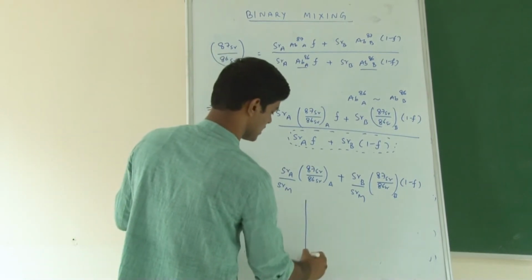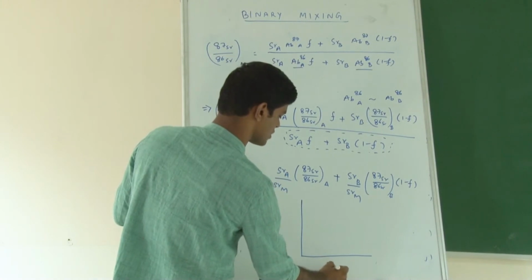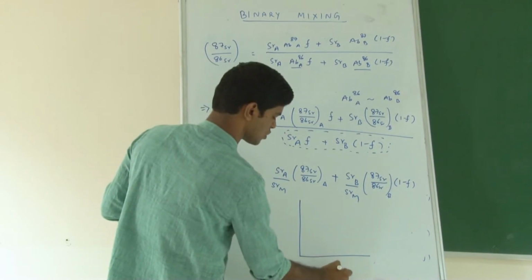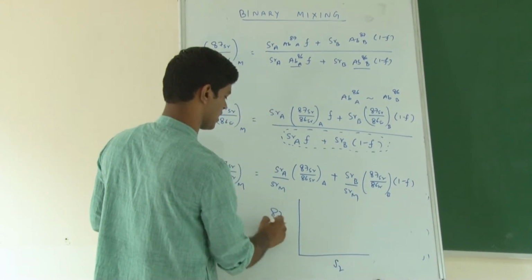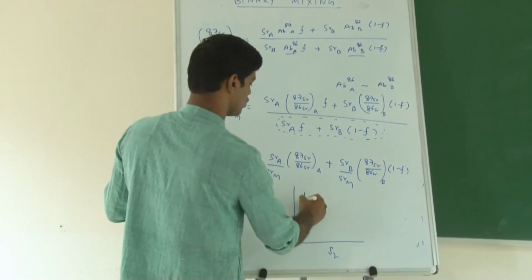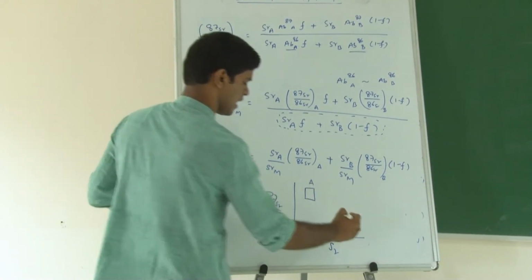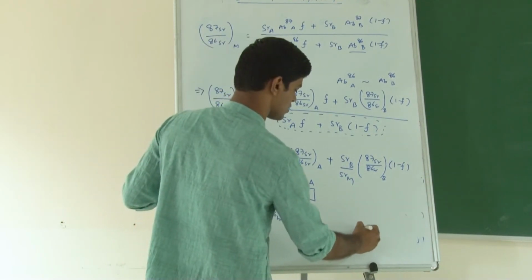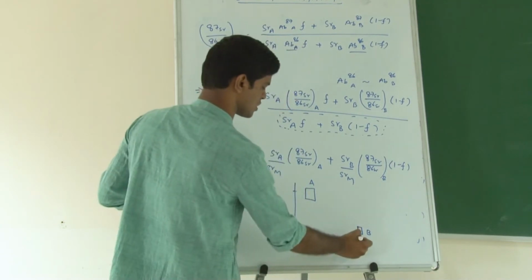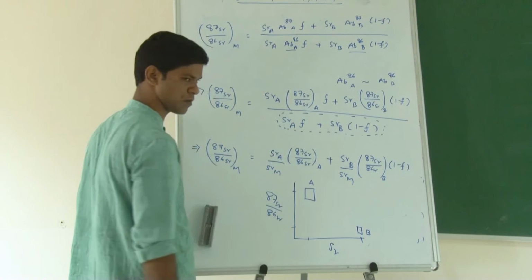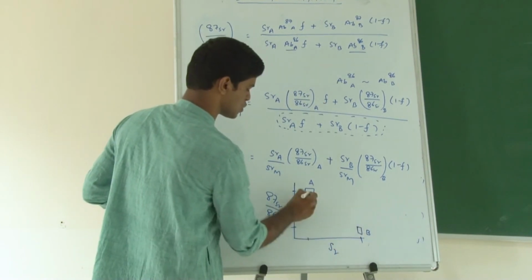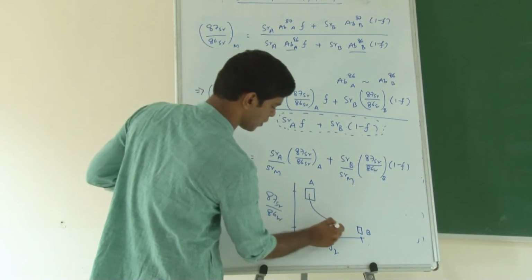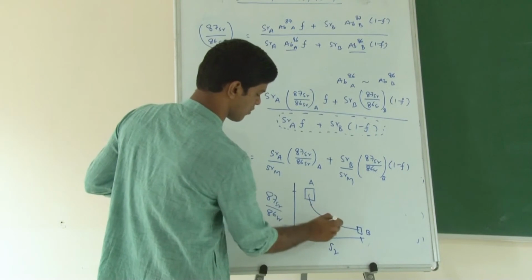So, if you try to present this, if you plot strontium versus 87 by 86 strontium, and you know that this is the source A composition, this is the strontium concentration and this is the strontium isotope ratio for A, and you know the composition for B, this is the strontium concentration and this is the strontium isotope ratio for B. Then if you mix these two using different fractions, they will follow a hyperbolic trend and these will be their fractions.